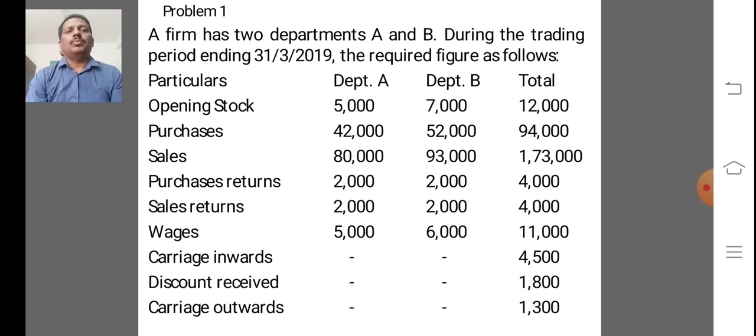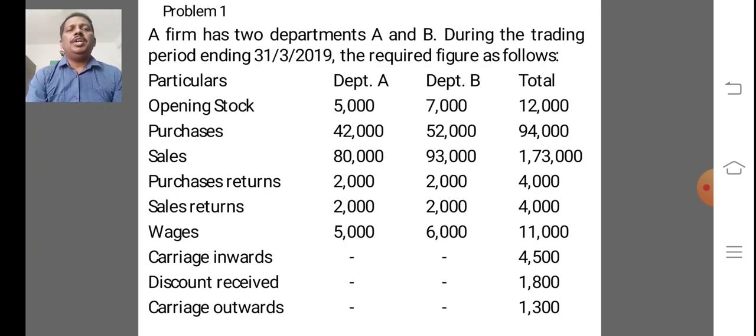A firm has two departments, A and B. During the trading period ending 31/3/2019, the required figures are as follows. Particulars: department A, department B, and total column. Opening stock 5,000 for department A, 7,000 for department B, total 12,000.